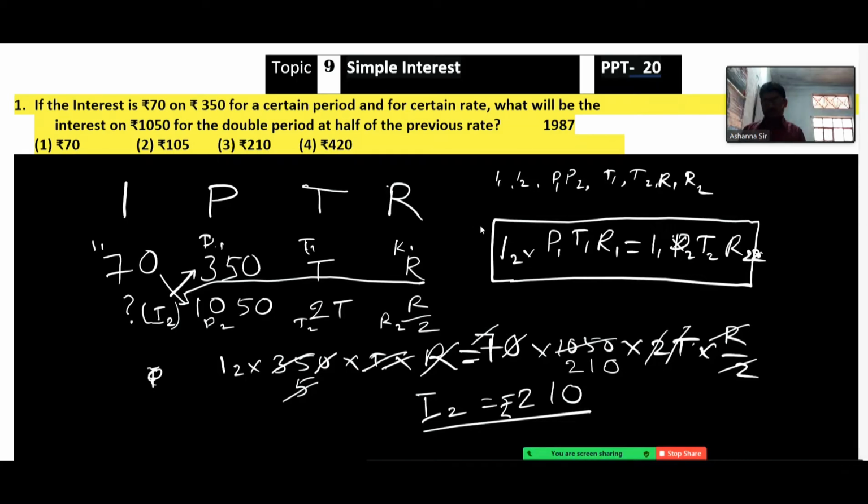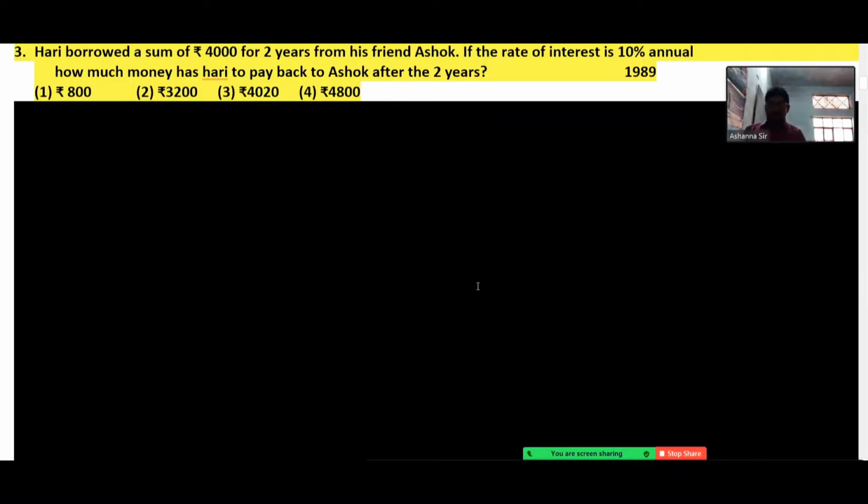Third one. Hari borrowed a sum of 4,000 for 2 years from his friend Ashok. If the rate of interest is 10% annual, how much money has Hari to pay back to Ashok after the 2 years?